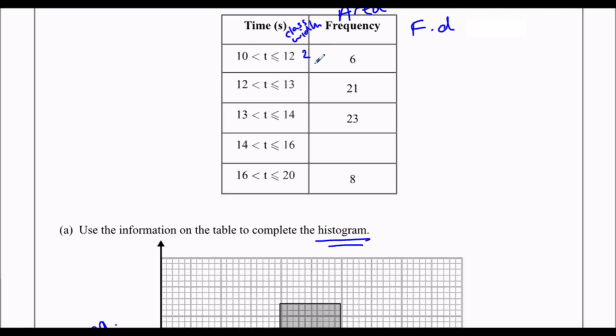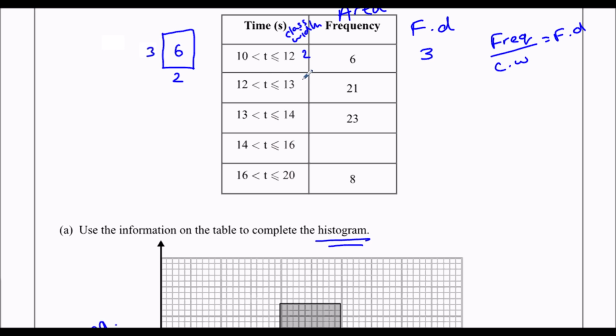If it's got a base of 2 and the area is 6, we can find the frequency density by doing 6 divided by 2. 6 divided by 2 is 3. So if it's got a base of 2, a height of 3, 2 times 3 makes 6. The area is 6. So frequency divided by class width is going to be our frequency density.